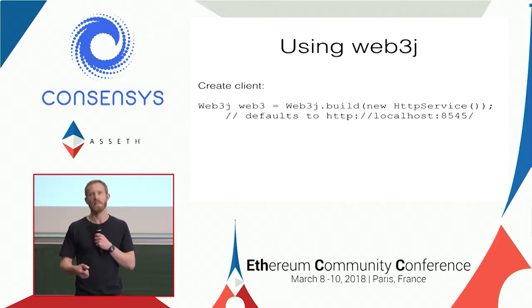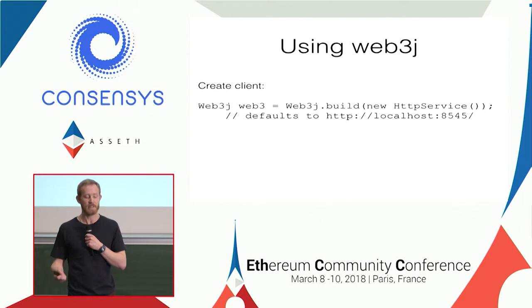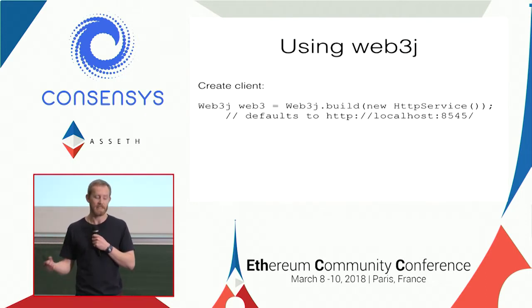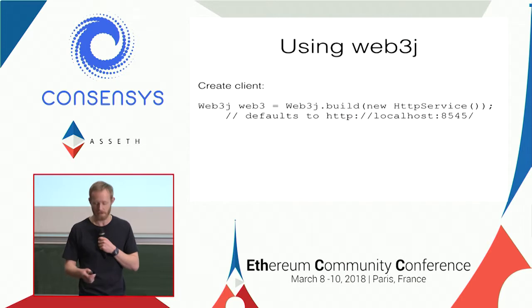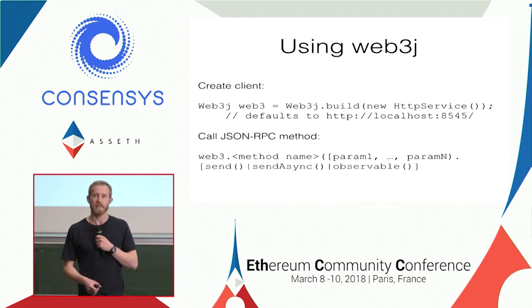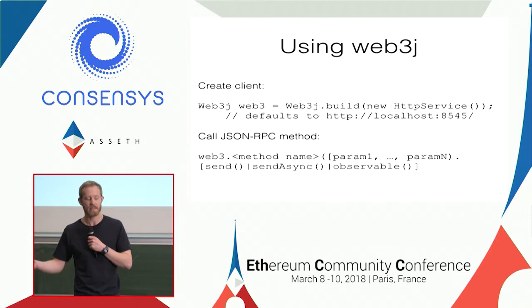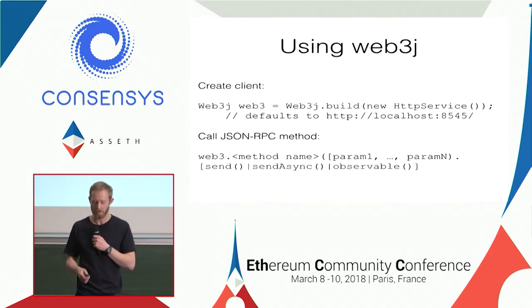If you're connecting via HTTP, which is the default, then you just specify you want to use this HTTP service. But if you want to connect to a different endpoint, or use IPC, that's supported too. Then for the specific JSON-RPC method that you want to call, you just specify the method name, and you can send these requests synchronously, asynchronously, or create an observable off the back of it.